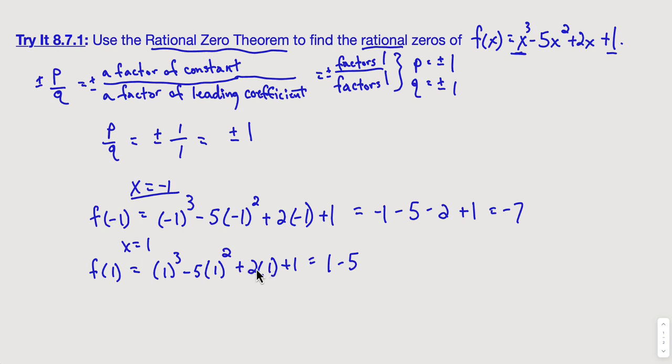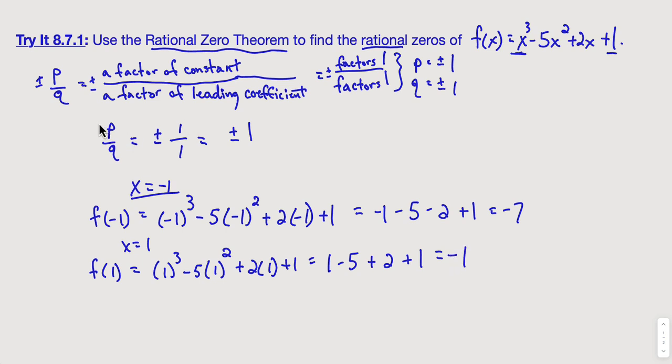Plus 2 times 1. 2 times 1 is 2, so this is just plus 2. And then we still have plus 1. So 1 minus 5 is -4, plus 2 is -2, plus 1 equals -1.